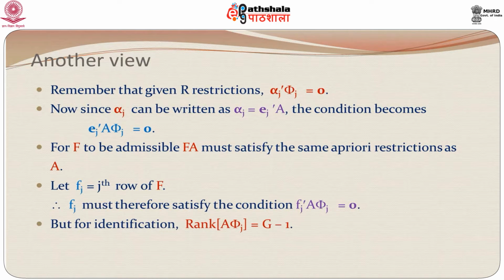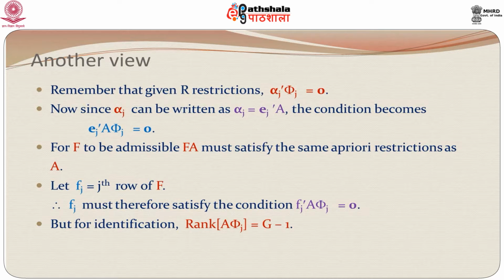But for identification, rank of A phi j is equal to G minus 1. What does that mean? That means that, mind you, A phi j has G minus 1 rank, so, in fact, it has order G, and if I pre-multiply this by any vector, there can be at most one orthogonal vector. But we have seen that A phi j pre-multiplied by E j actually gives us 0. So, E j prime is orthogonal to it.